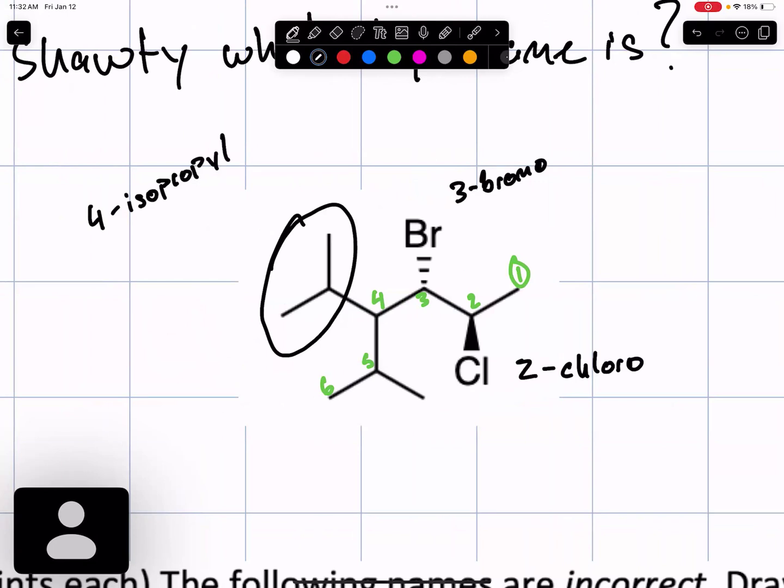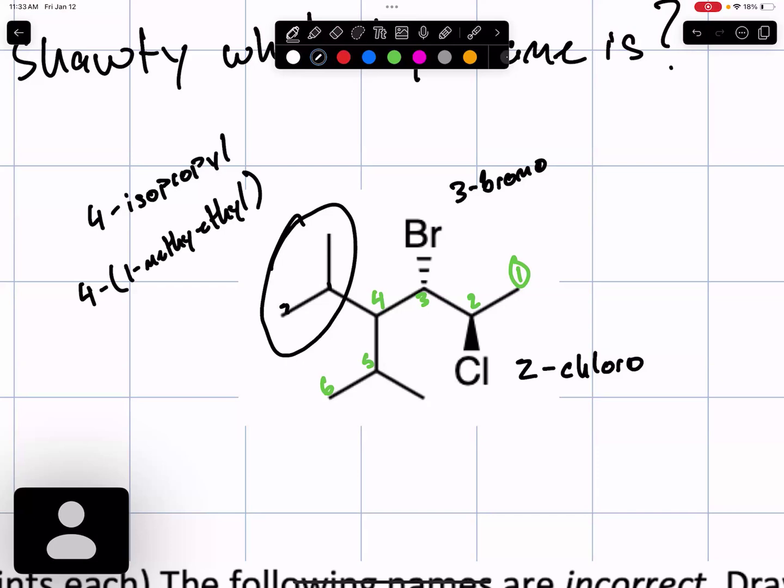1-methylethyl. Okay, but you're forgetting the 4, right? So before the 1, put this in parentheses: 4-(1-methylethyl), right?